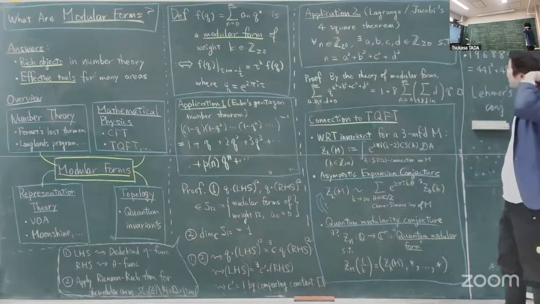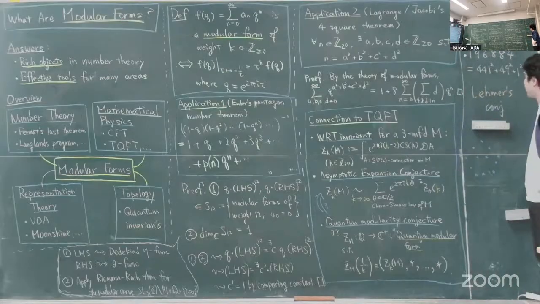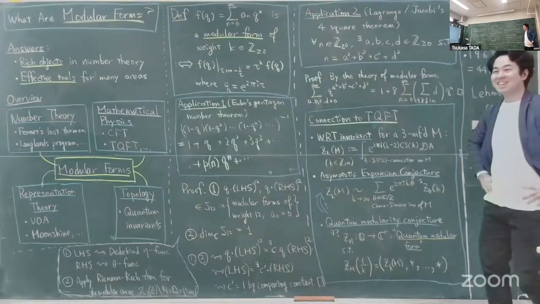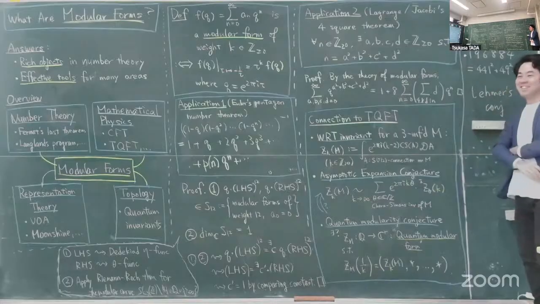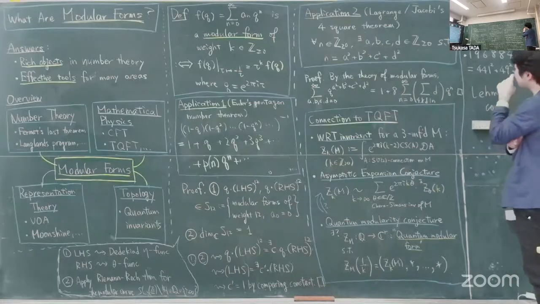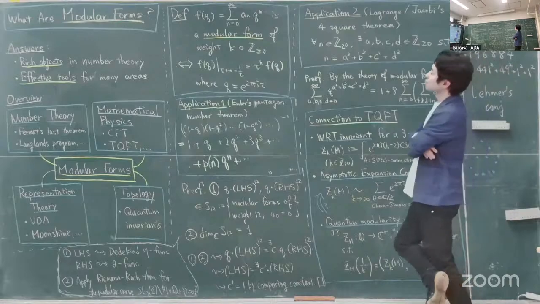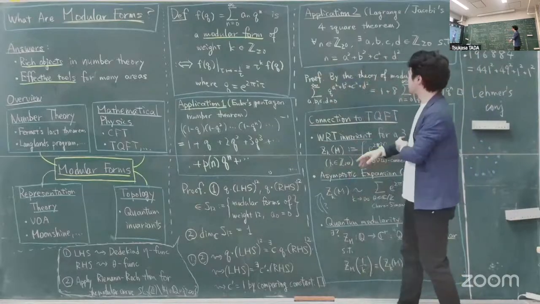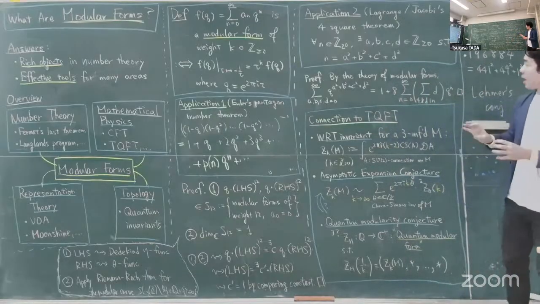For example, this 196,884 seems to be very long. Yeah, this is ChatGPT. I fully check it with a calculator. But for example, we can consider the prime decomposition of n because this product form is stable under multiplication.